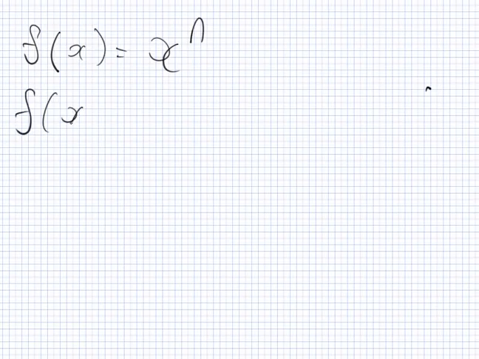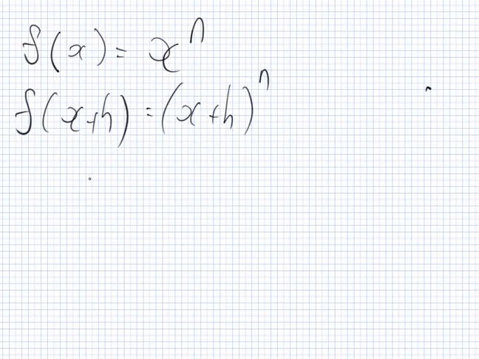So firstly, we want to find a general formula to calculate the derivative of x to a power. Okay? So let's go ahead normally with first principles. You get f(x+h) would equal (x+h)^n.